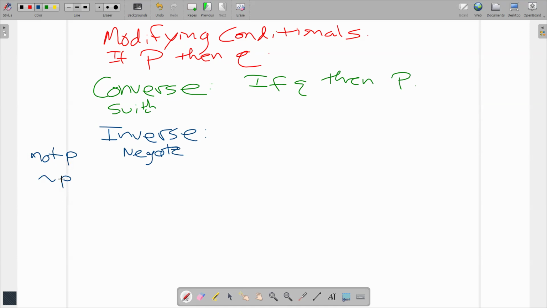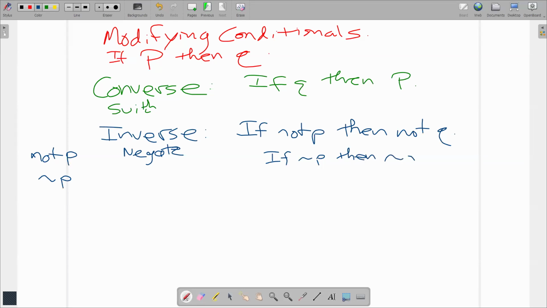I like not, the book likes tilde. So I would write if not P, then not Q. In the book, they'll instead write if tilde P, then tilde Q. So the tilde in logic means a not.